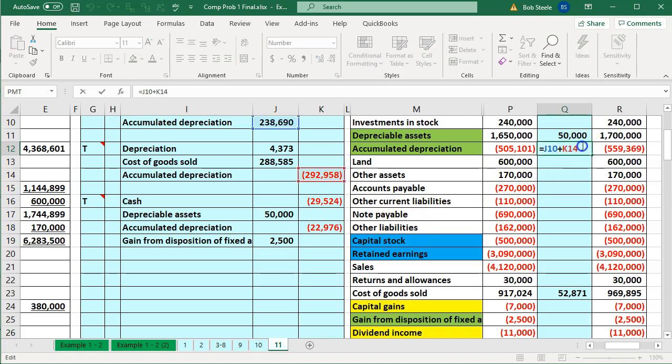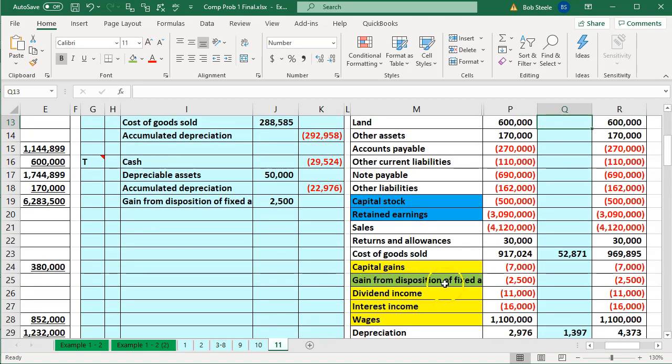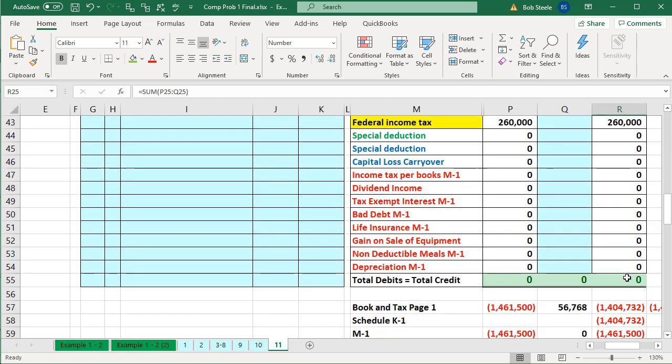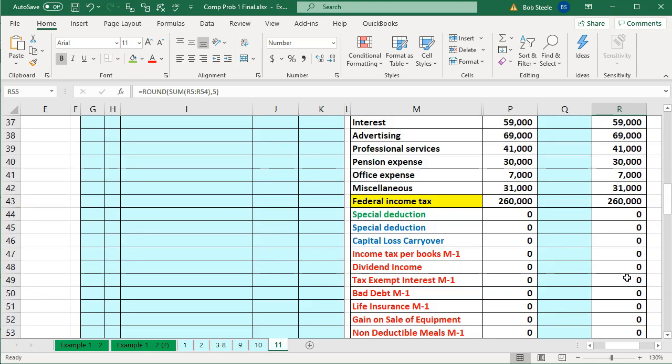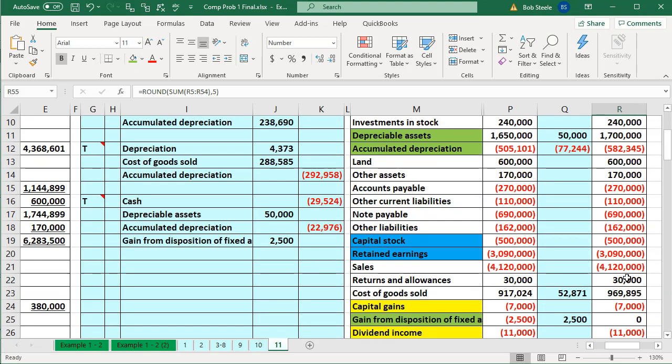I'll double click on it, go to the end of it, and plus, we'll pick up that 22,976 and enter. Then we're going to go down to the gain from the disposal in Q25 equals, and point to that 2,500, bringing it down to 0. And then if we scroll down, we're back in balance given by the green zeros. So we have reversed that successfully.